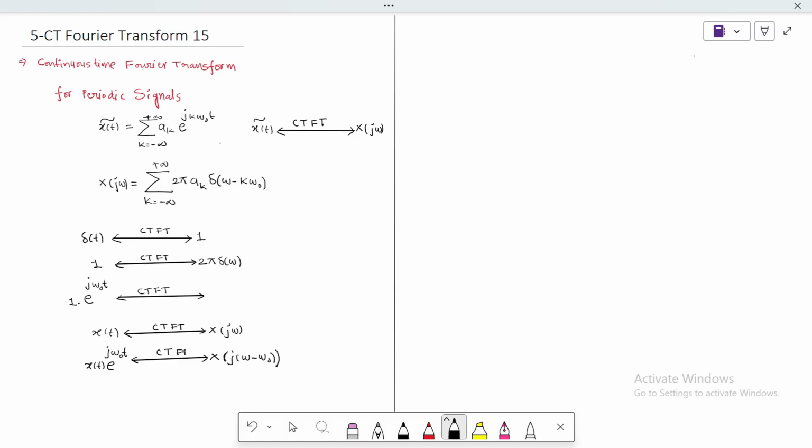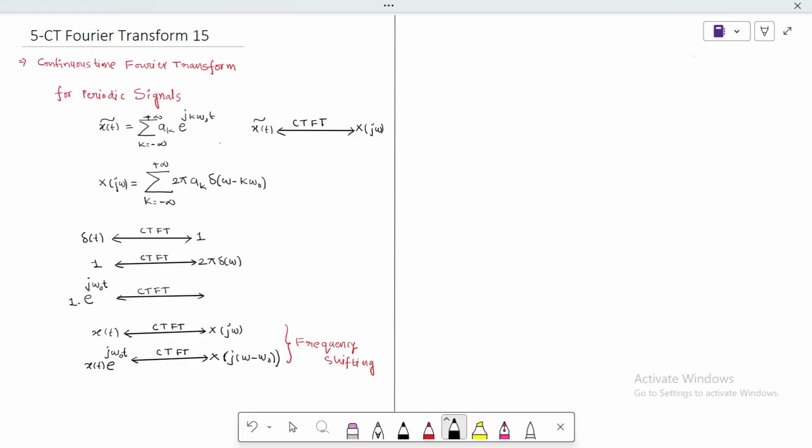So this is the frequency shifting property, which we already discussed in the previous classes. Compare this one, then we will get it.